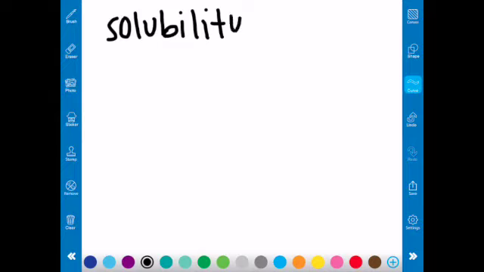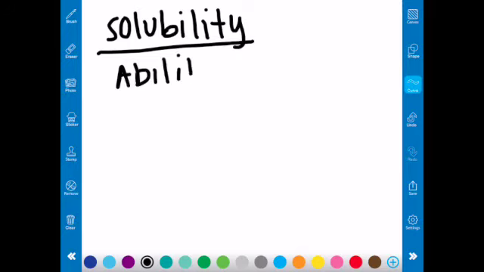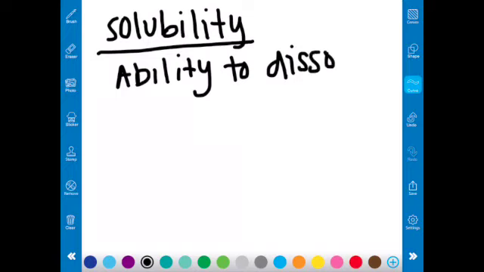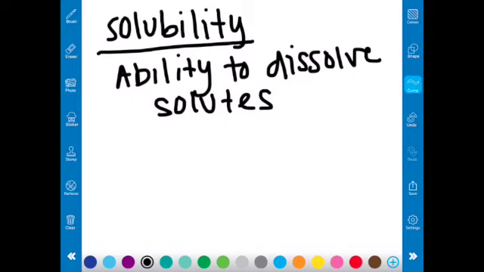So we can also talk more about the polarity, right? And one property that is strengthened by the polarity of water is its solubility. Basically, solubility is water's ability to dissolve solutes, anything that you put into it, right?